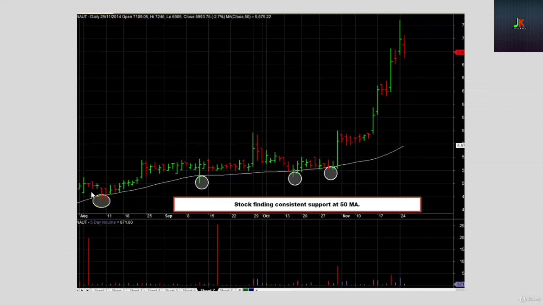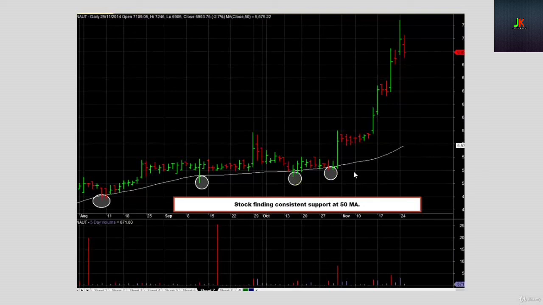Nonetheless, you can see how Hornet has respected the level of the 50-day moving average, came down, found support, went up, went sideways, came down, found support, continued to go sideways, made a new high, reacted, came down, but found support at the 50 simple average, came down, again found support, and then on this bar finally made a new high of 5,800, went sideways for 2 weeks or so, and then finally broke out to a new high.